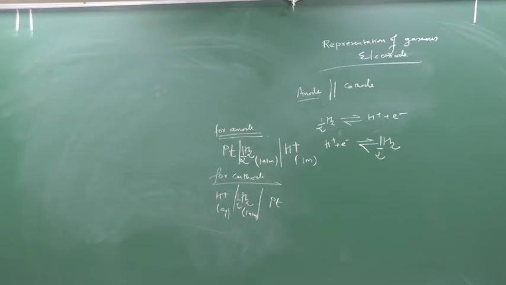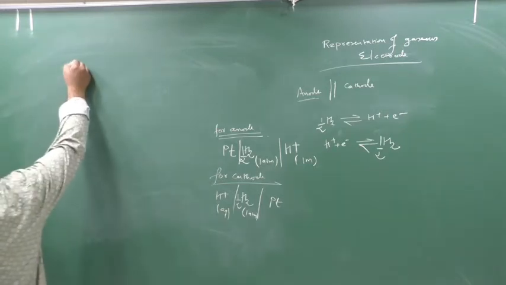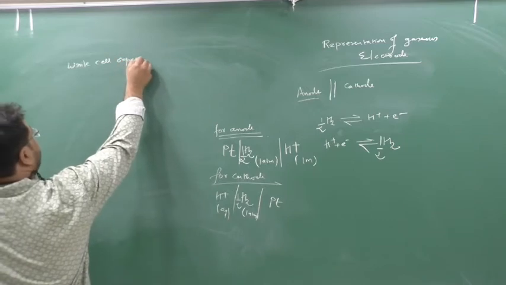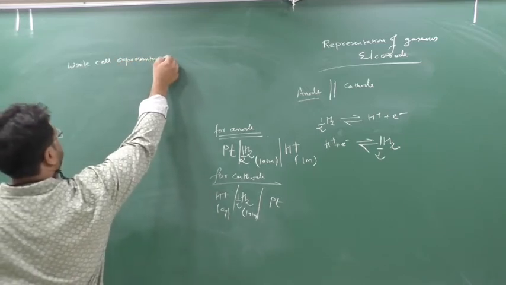Quickly, if you write it down, then it will work. I am writing the first example with hydrogen. Write the cell representation. You need not write this down, it is only for your information.